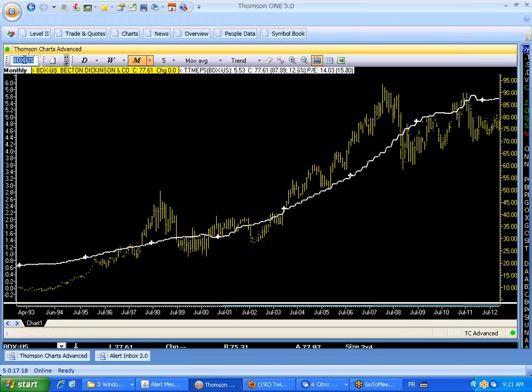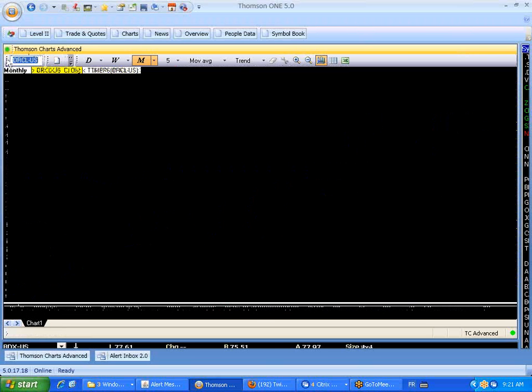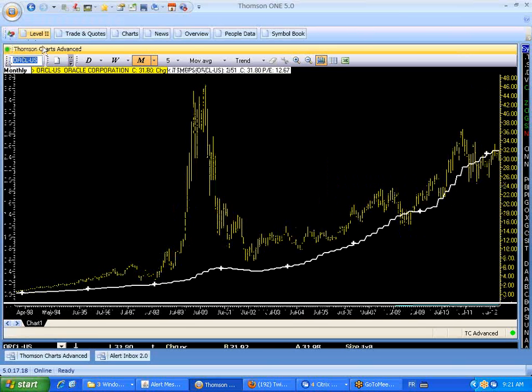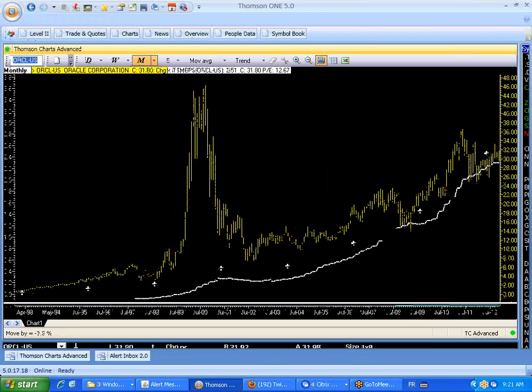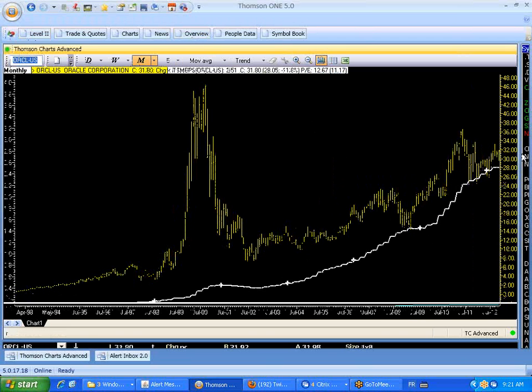Now, let's move to a second example. I'm going to use Oracle in this case. So for Oracle, you see, again, we have a very nice earnings pattern, and this is a very good example here. So I move the earnings per share line down to the recent low, okay, and I'll show you the recent low is over here.